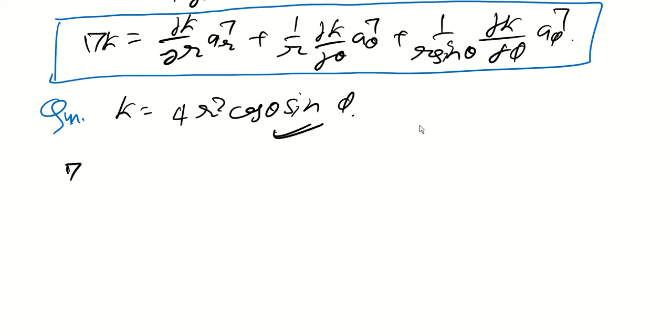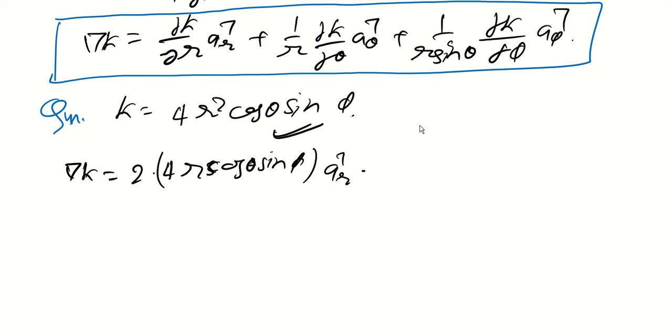So you will find del k as what? Dou k by dou r. You differentiate with respect to r, it will become 2 times 4r cos theta sin phi into ar, plus 1 by r into dou k by dou theta.